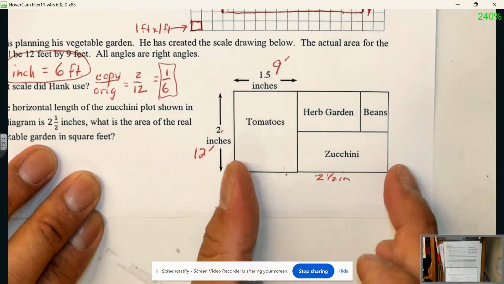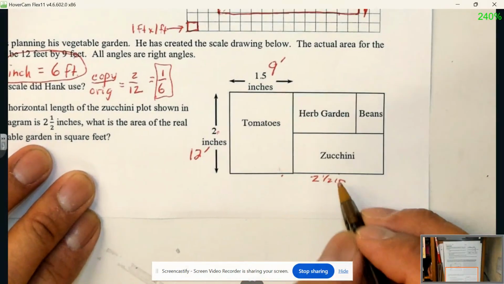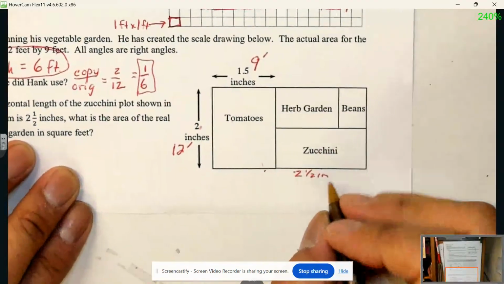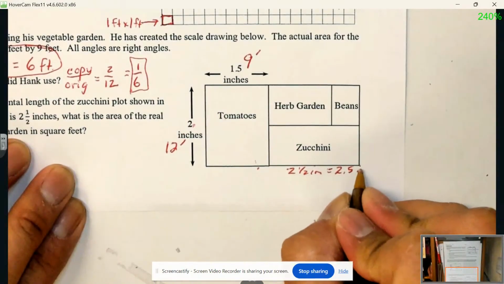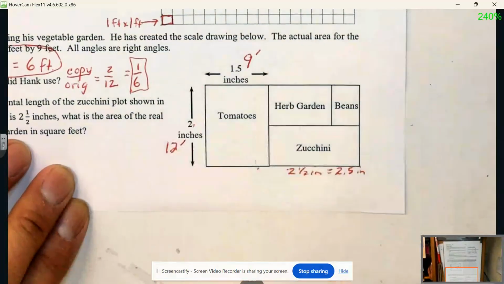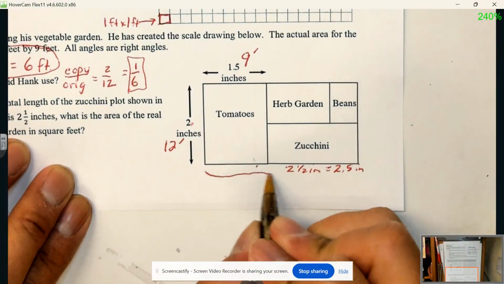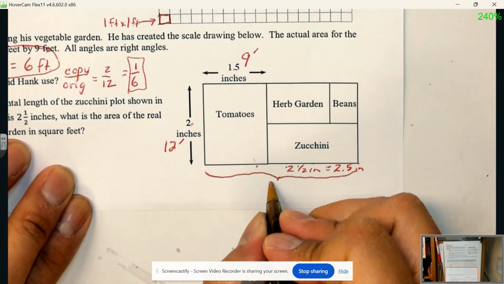We're going to have to add those two. Since this is a decimal and this is a fraction, we can go ahead and make them both decimals. So now we have 2.5 and 1.5, which will make the entire distance 4 inches.